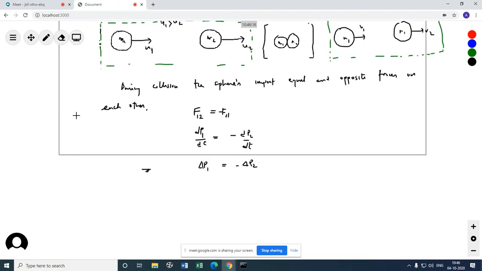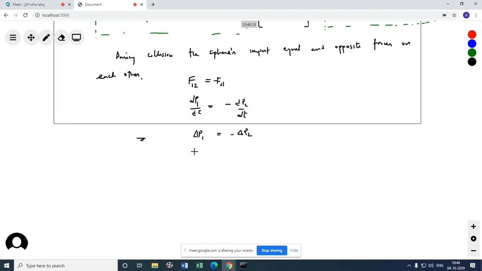Then delta p1 would be m1 times final minus initial, v1 minus u1, and this would be minus m2 times v2 minus u2. If I distribute this, I can write m1 v1 minus m1 u1 is equal to minus m2 v2 plus m2 u2.